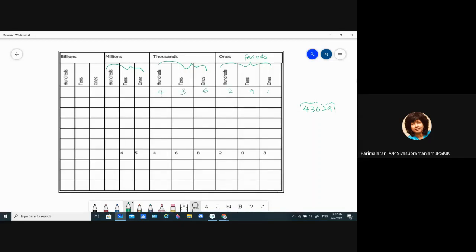So how do you read this? Anybody want to try reading this number? Doesn't matter if you make a mistake. Simple number. I'm sure you know how to read this number. Anyone?